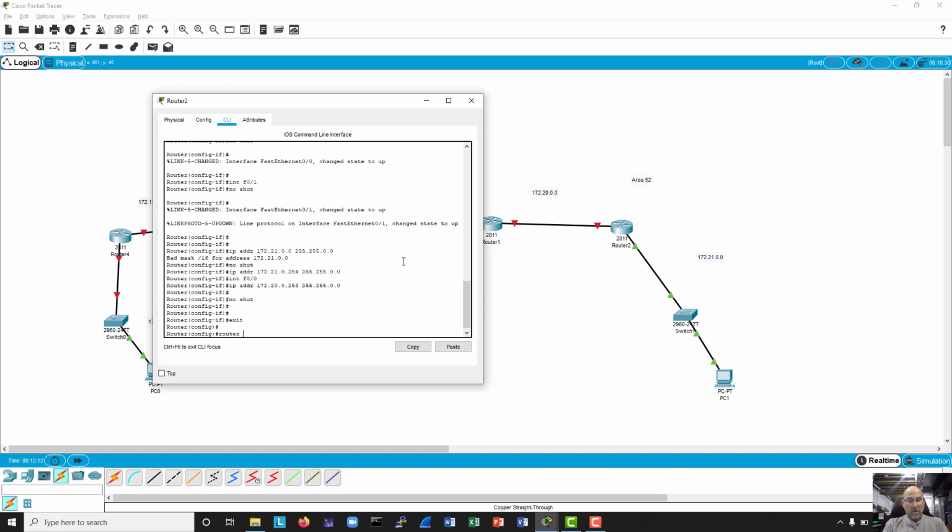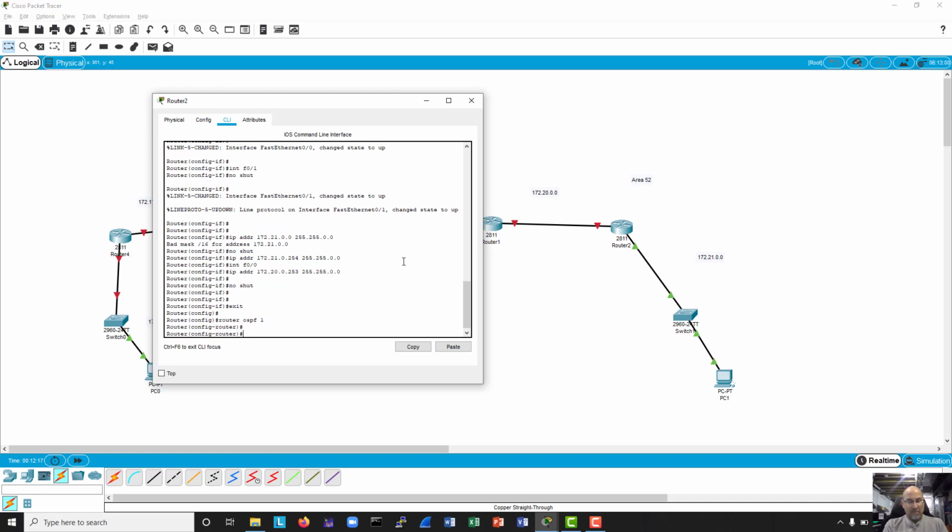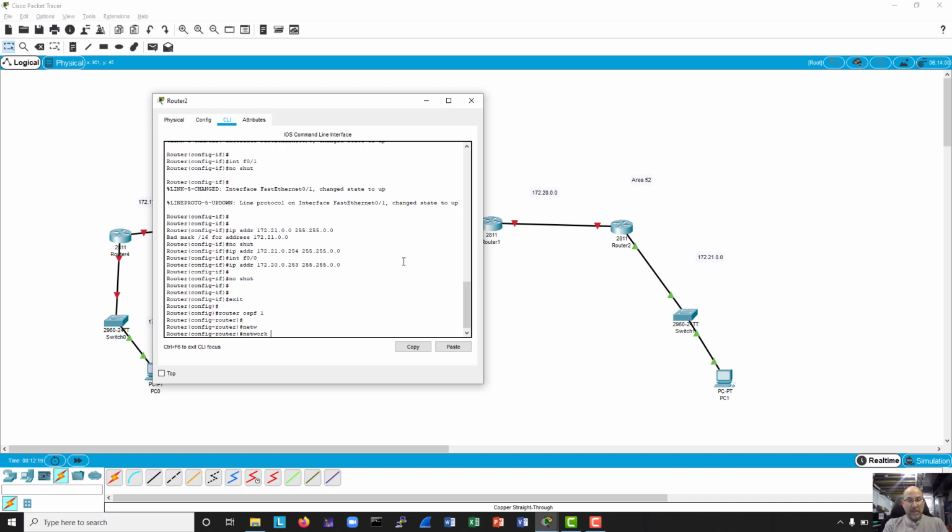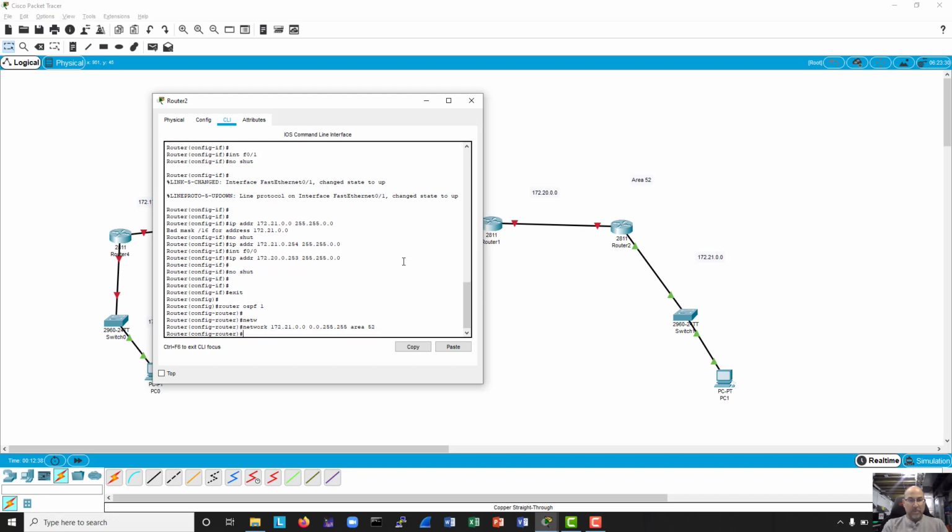So now let's do our router OSPF. If you were wondering, the router processes that I picked, one on everybody, you do not have to do that. They have nothing to do with each other. Now notice also that I'm about to say that both of these are part of the same area, and that is kind of the point. Remember that an area can be comprised of multiple networks.